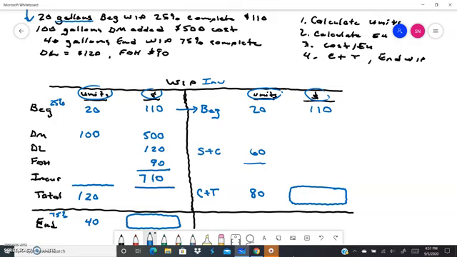If we add that to our beginning work in process inventory, then we know we have total manufacturing costs of 820. So 820 is going to be either here in ending inventory or here in completed and transferred. So those two numbers, when added up, must be equal to 820.